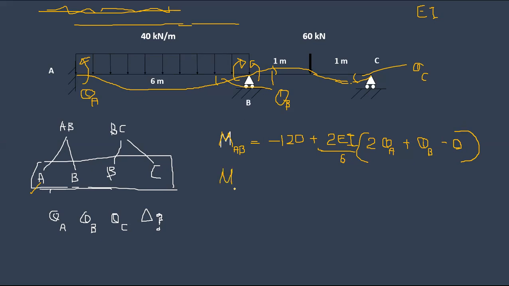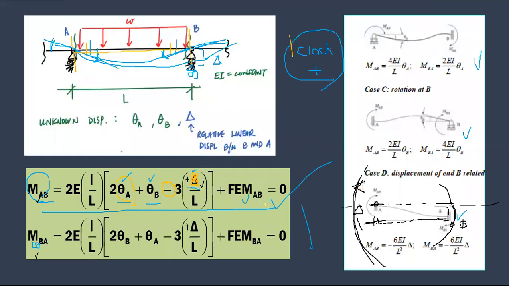Then for MBA, that is the fixed end moment at BA, so that is plus WL squared over 12, then 2EI over L, and when you apply it, then it's B, right? So always you have the same letter in front.